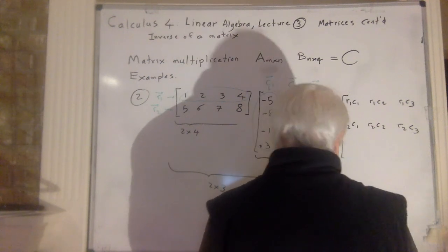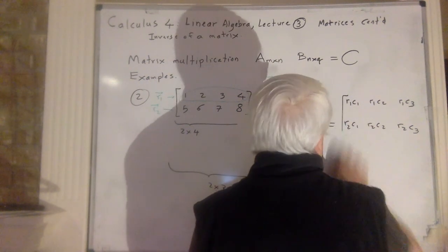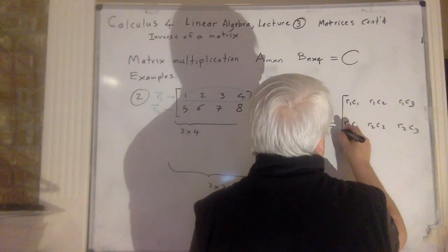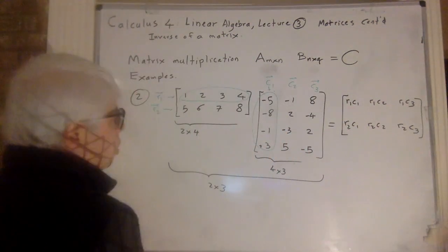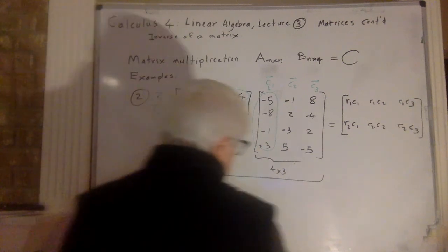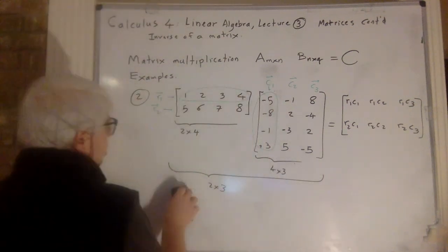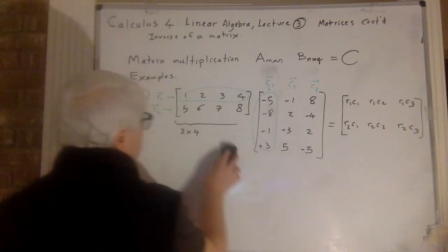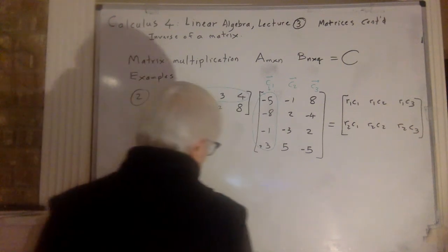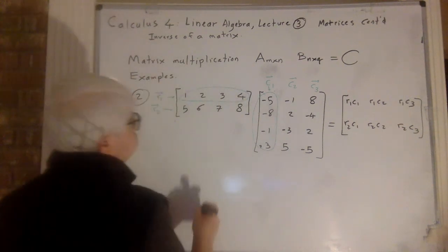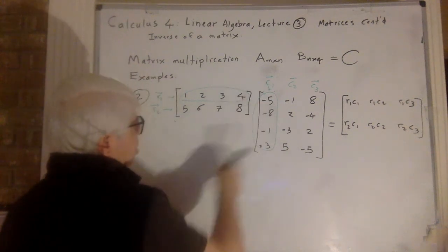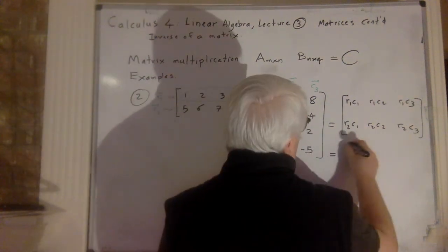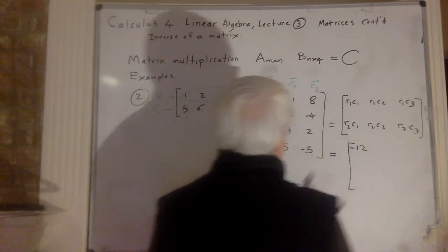Let's write each one of them separately, and then write over there. And you can see it's 2 by 3. Well, I know R1C1 was minus 12, right? I didn't change that. So the first one was minus 12.